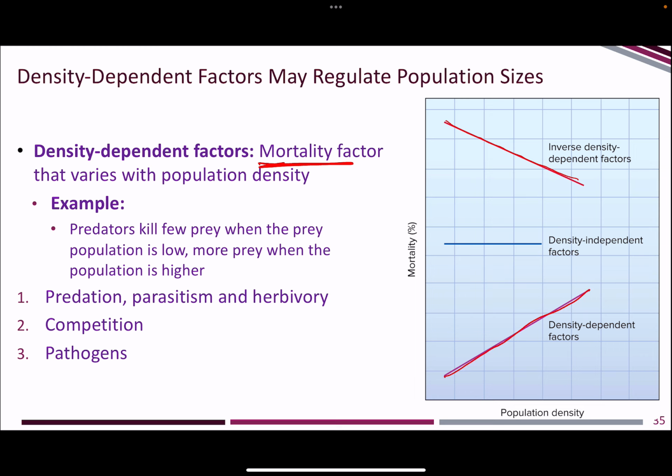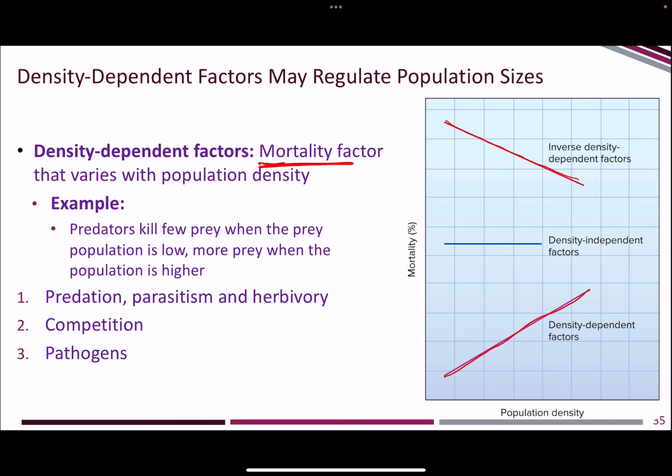And these are indicating mortality rates that change as the population size changes. So if we look at the inverse density dependent factor, this is something that as the population increases, the factor decreases. For a density dependent factor, as the population density increases, that factor increases as well.